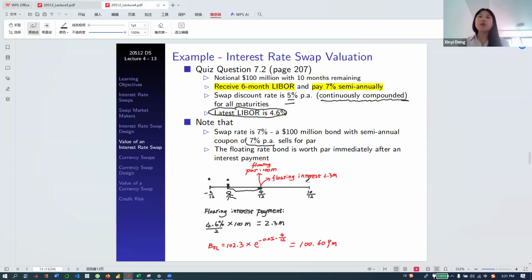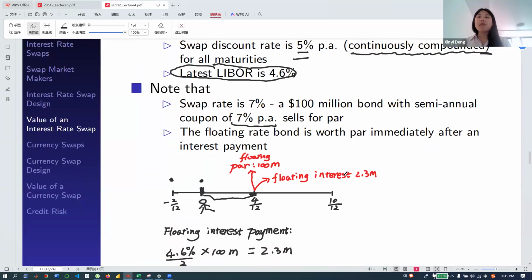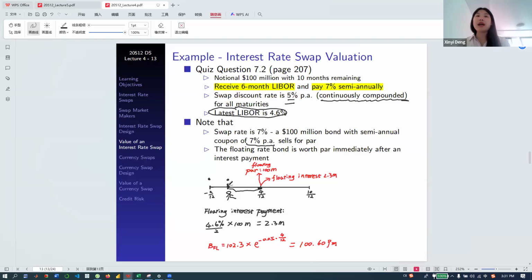We would only be able to know the cash flows 10 months later at 4 months later. So we don't have any information about the future cash flow in 10 months. Since we are at this time point, we only have information 4 months later. That's the whole reason we are utilizing this trick to calculate the floating rate bond's present value.